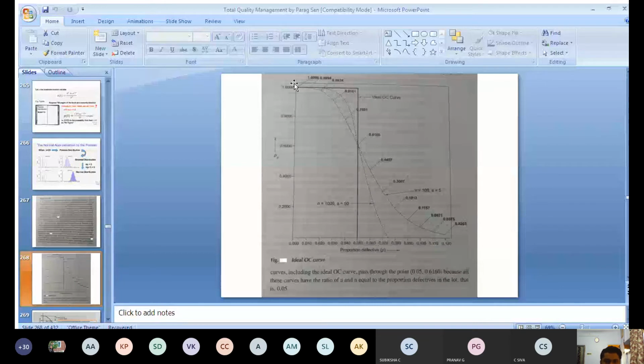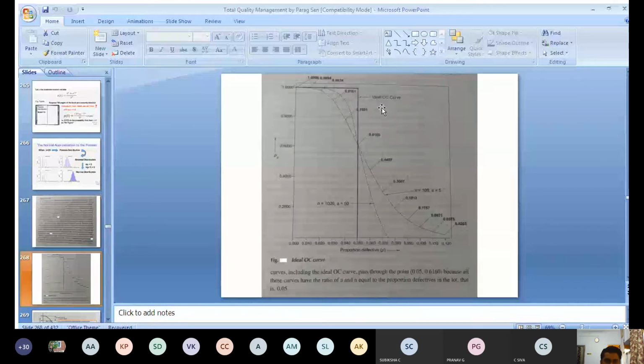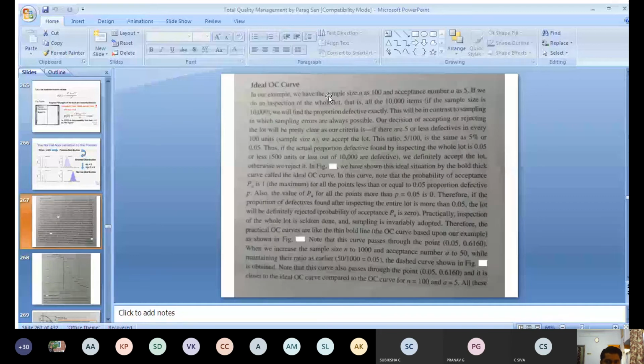In this curve, note that the probability of acceptance PA is 1 for all the points less than or equal to 0.05 proportion defective. Here, the small n, the sample size, is 100, out of 10,000 lots.